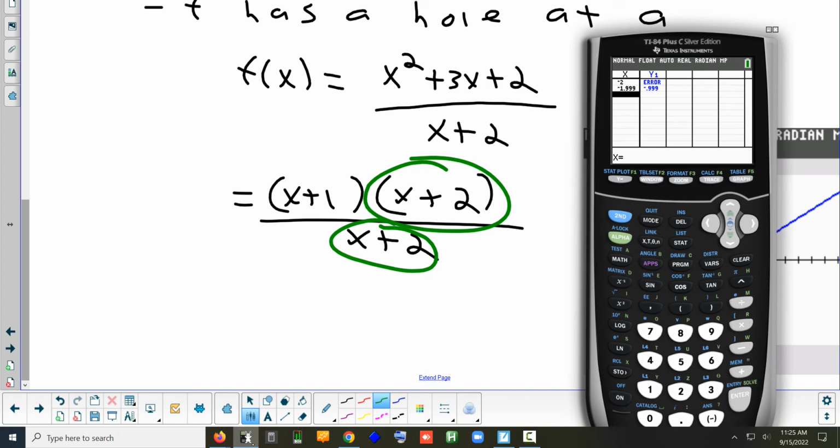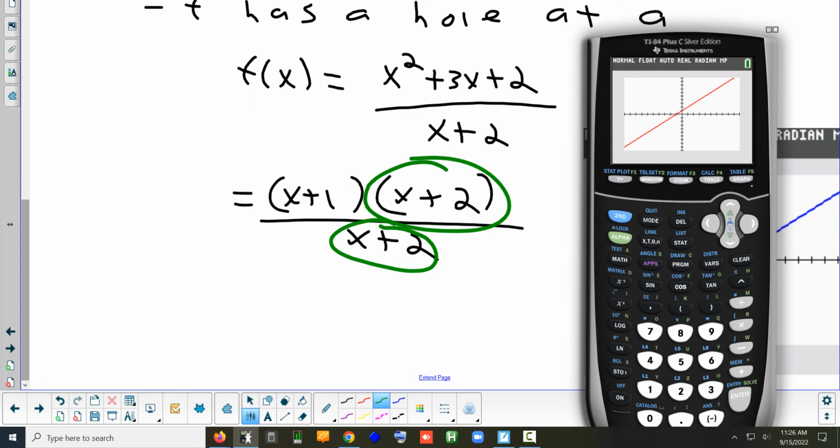So when you graph this, essentially it's going to look just like the graph of y equals x plus 1. Watch this. Basically it looks like exactly the same graph, except we know that we had a hole because we had a common factor in the top and in the bottom.